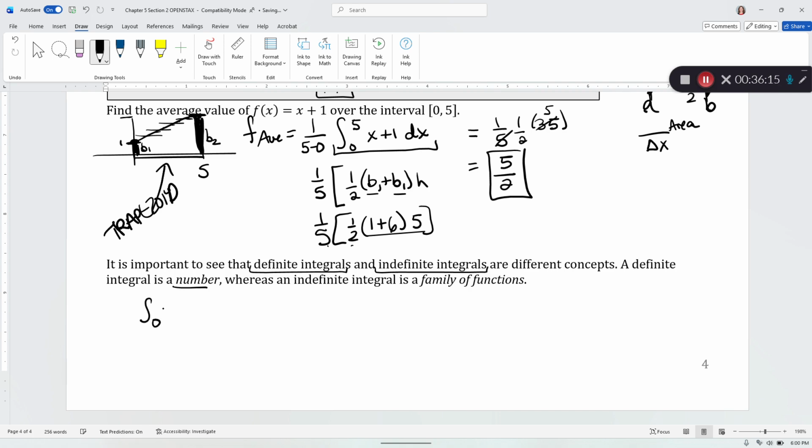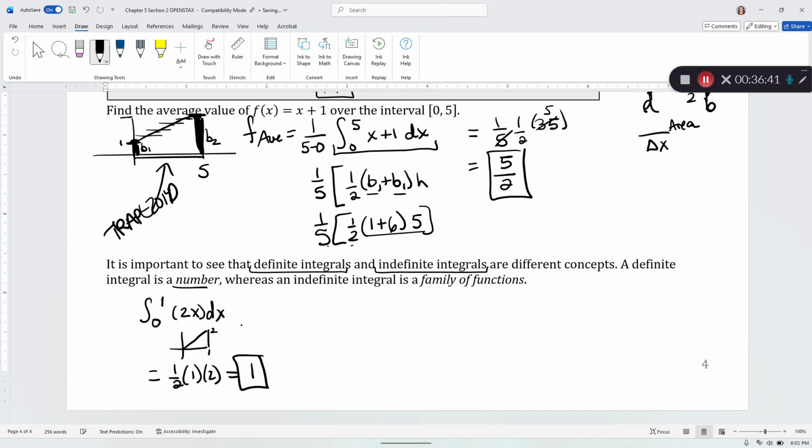Here's an example. 0 to 1 of 2x dx is the area under the curve. So area under the curve, 1 height of 2. So the answer here is 1/2 base times height, 1. Answer is a specific number, okay?